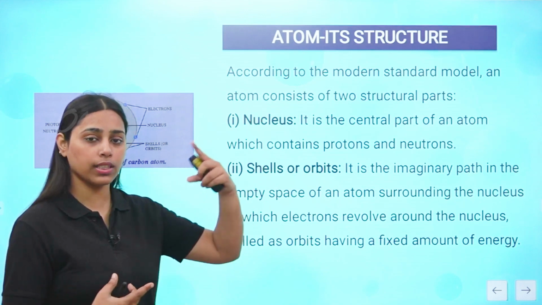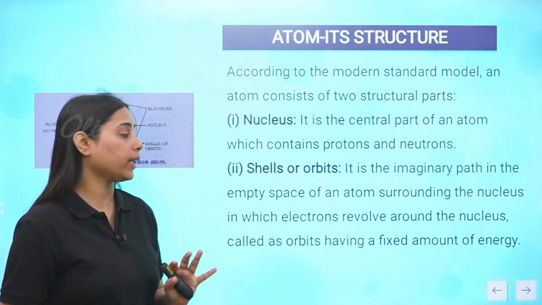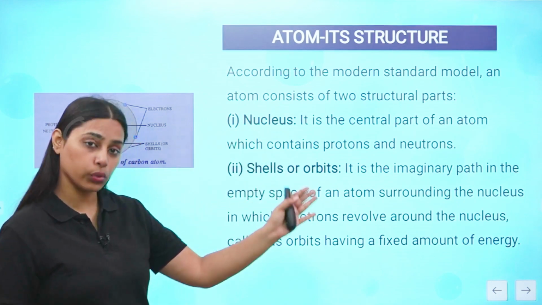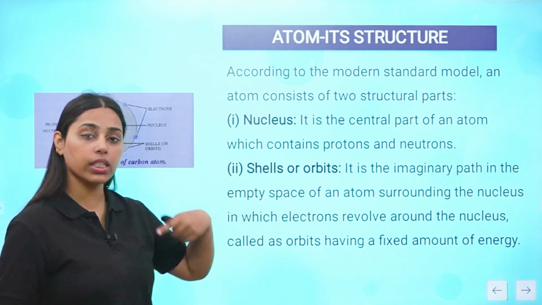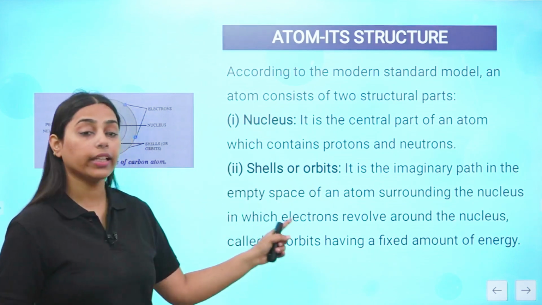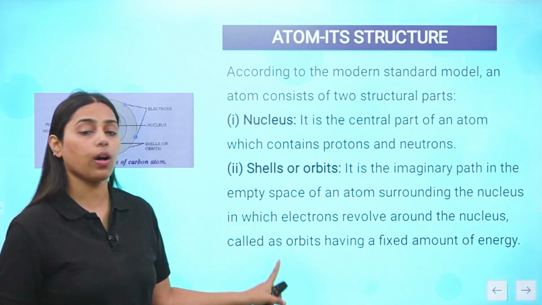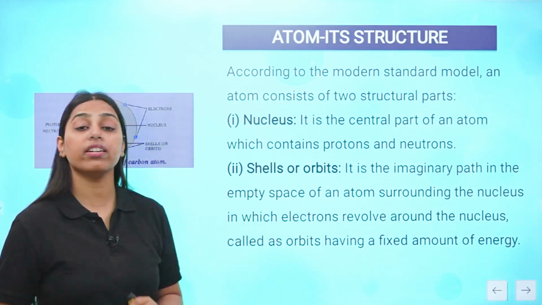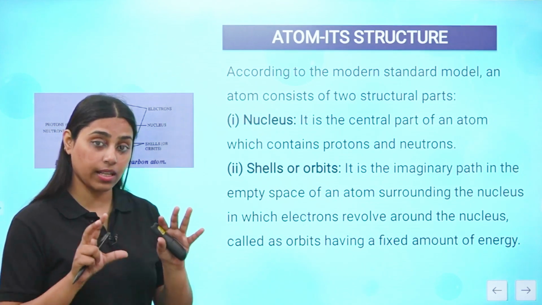You assume these paths. These are circular paths in the empty space of an atom surrounding the nucleus. In these imaginary paths around the nucleus, electrons revolve around the nucleus, and they are called orbits. They have a fixed amount of energy also.